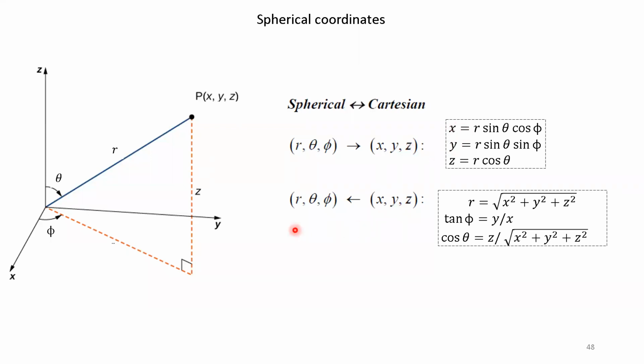What I just told you is from R, theta, phi to x, y, z, and if you want to go from x, y, z to R, theta, phi, you follow this formula. From this geometry, it is actually not difficult to see how they work.